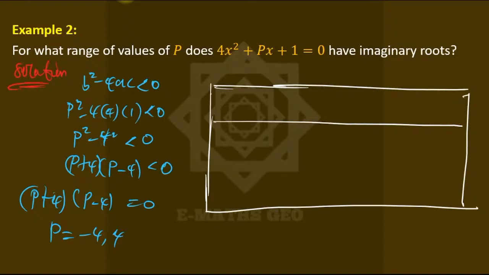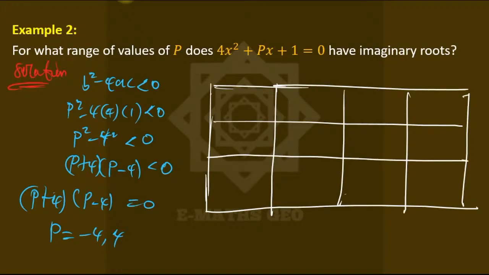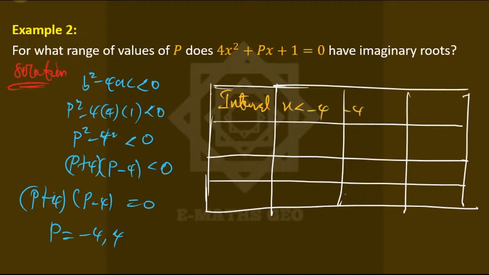So we'll create our interval. This is the interval. So I told you it's less than, which one is the smaller one? Minus 4. Between minus 4 and 4.